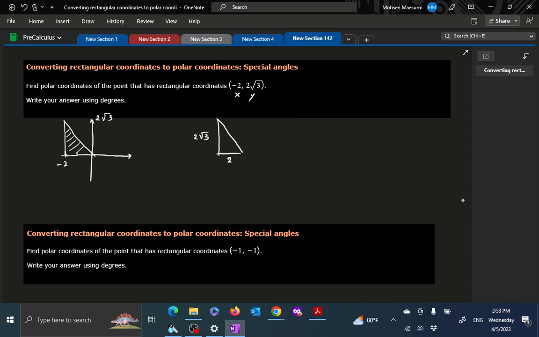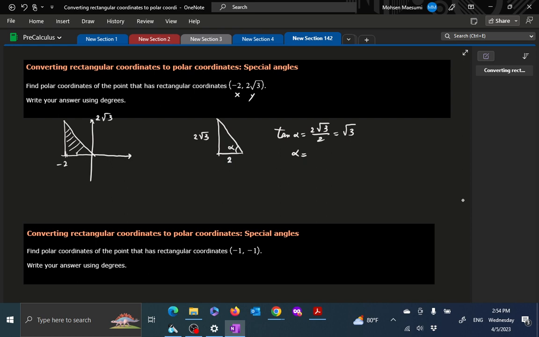If I have these two pieces of information, what can I say about this angle? Let's call this angle, the so-called reference angle, alpha. Tangent of it is a ratio of these two. Tangent of alpha, opposite over adjacent, is radical 3. What acute angle in the first quadrant has a tangent of radical 3?